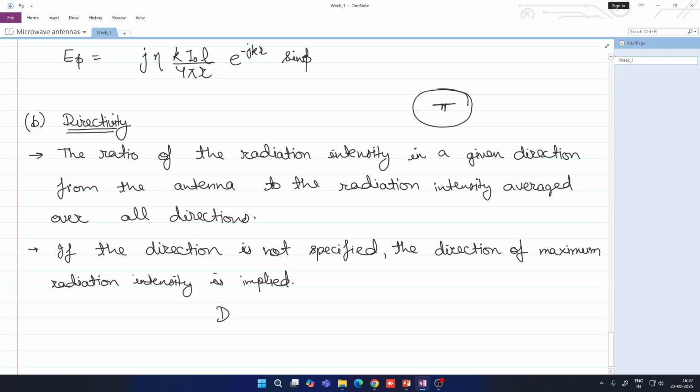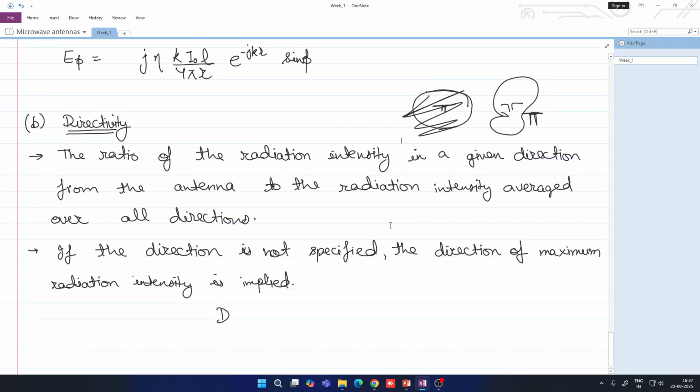They radiate in all directions. If you see its radiation pattern, let's say this is our dipole, it will be something similar like this. It's not a circle, but it will be something like this in 2D.